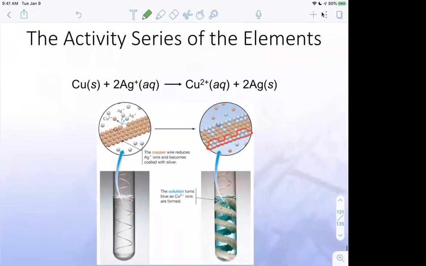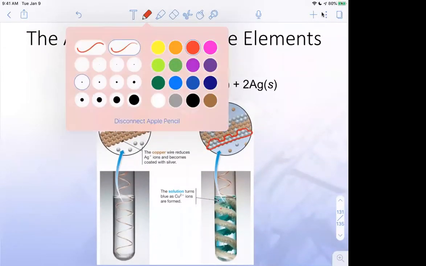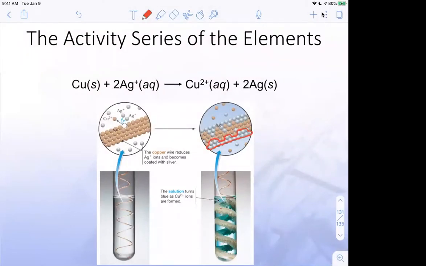And I actually can see this in solution. Here, my copper wire is present, and there is no blue color, which would indicate copper 2+ yet. As this reacts, the copper is going to reduce the silver ions, so this copper wire becomes coated with silver.